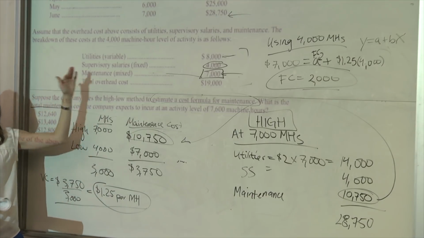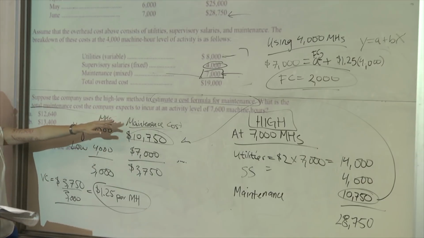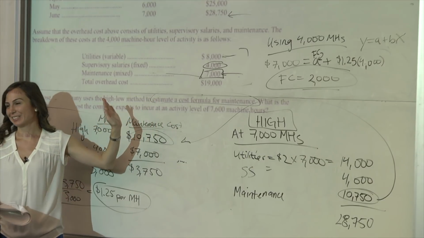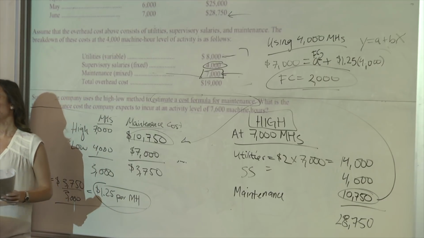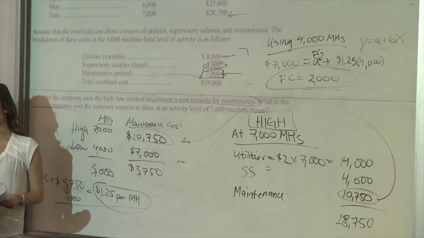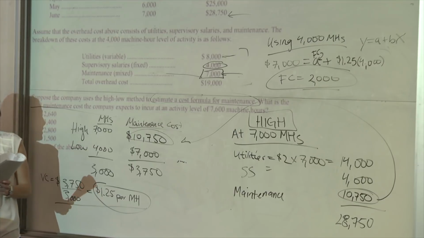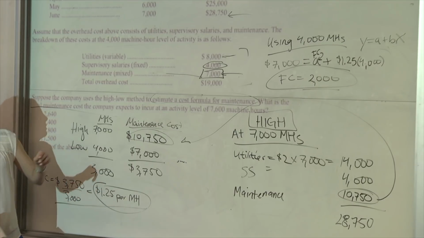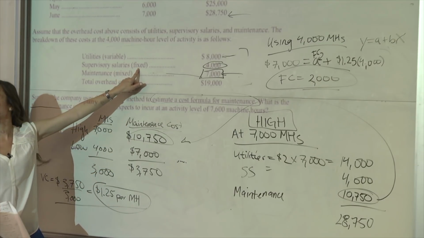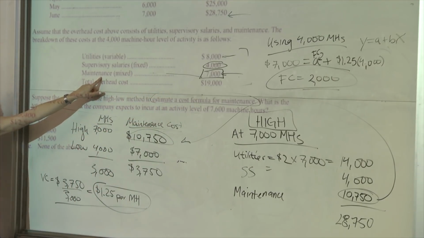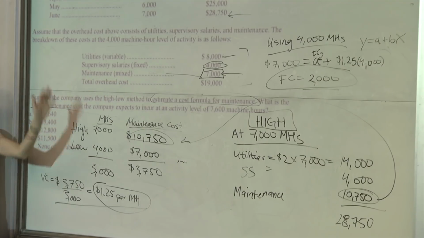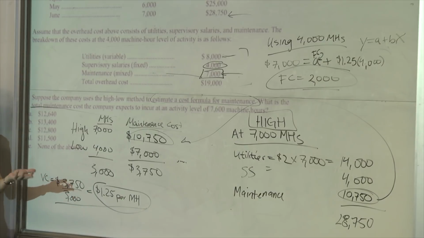Right, that's why we went through all of this, because we're concerned about only this portion. Shouldn't the fixed maintenance cost be the same regardless? So the total mixed cost of 6,000 is really the 4,000 fixed salaries plus the 2,000 that we get. The 2,000 is the fixed portion of this. That's why you get 6,000. You don't need to know that to get this answer, but it works out.